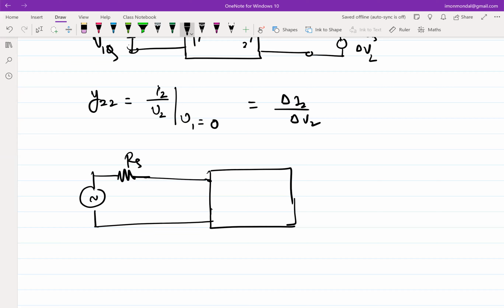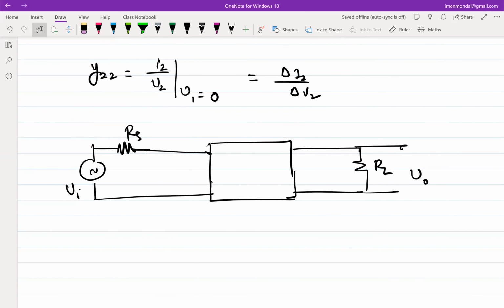I need to connect it across one port, and probably there is a resistance associated with the other port, and I want an amplification between V0 over Vi, and hopefully that will be equivalent to a power amplification, right? We'll see whether or not this is equivalent.